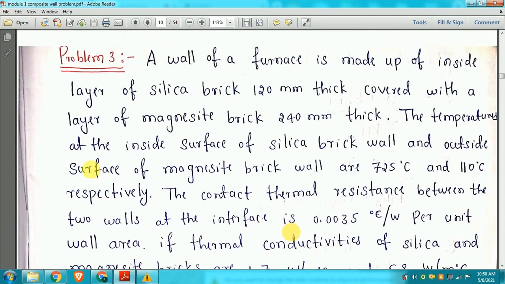You try to read it and draw the diagram. I just want to see how many of you can draw it correctly.